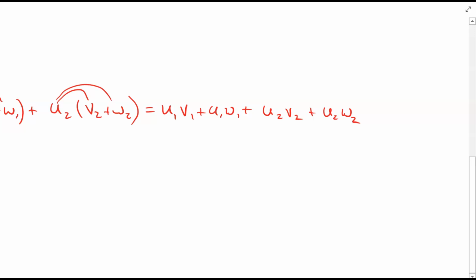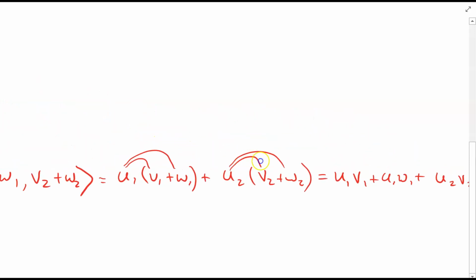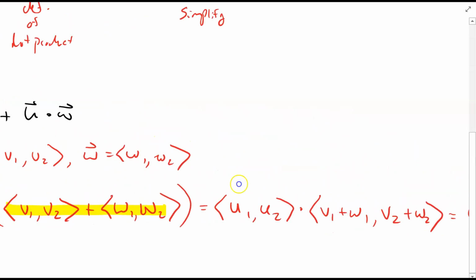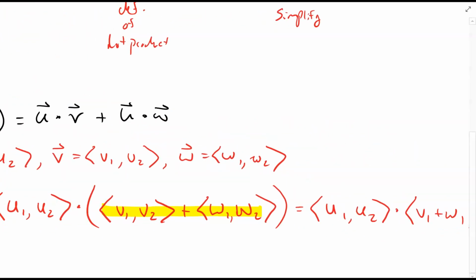And now, if I look at where I'm trying to get to, let me go back and check that one more time. I want to get u dot v and u dot w. So I want to group the stuff that has the v's together and group the stuff that has the w's together.